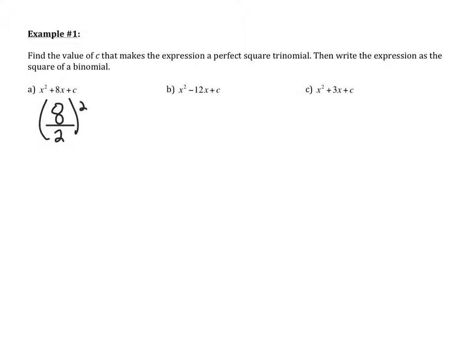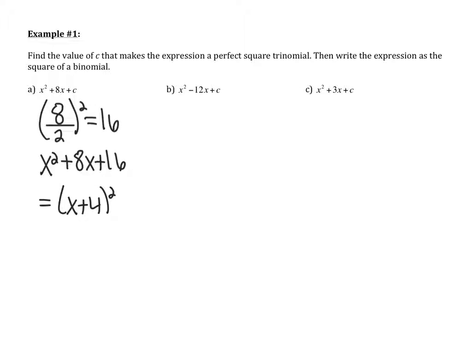So 8 divided by 2 is 4. 4 squared is 16. So x squared plus 8x plus 16 factored would be 4 times 4 is 16, 4 plus 4 is 8, so I'd end up with x plus 4 squared for my perfect square binomial broken down in factored form.